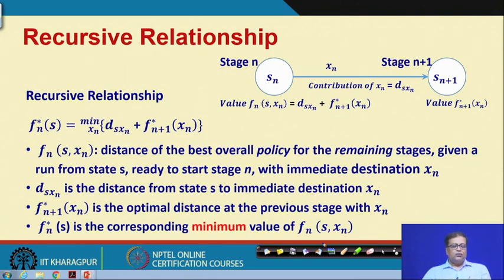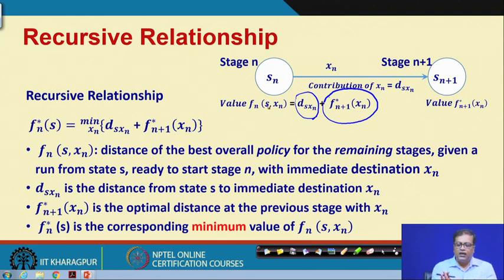All right. So, like this, by making use of the next stage optimal decision, and the distance from a given point, state S, to the destination x n, I can find out the value for this F n s x n, right.